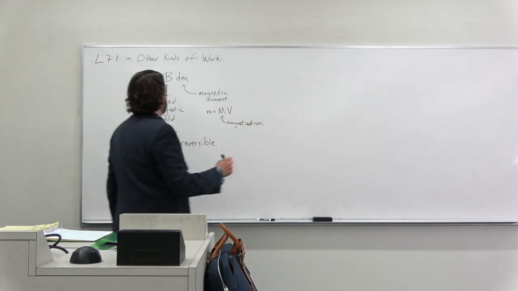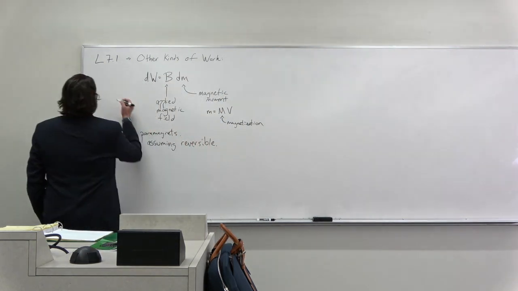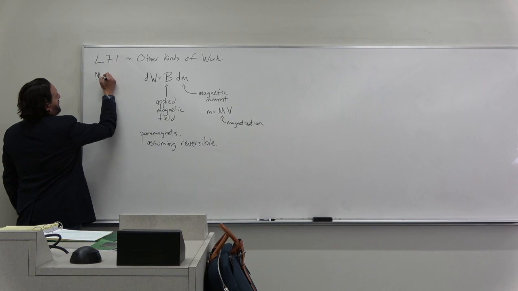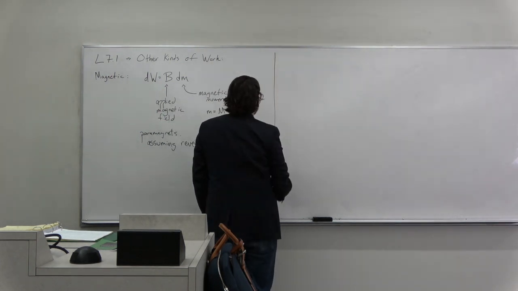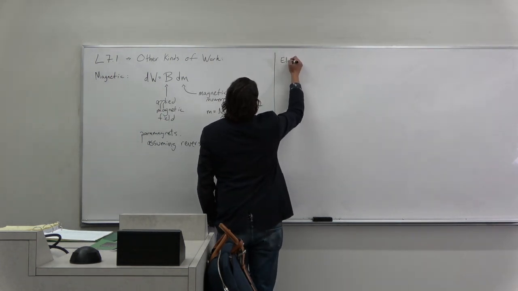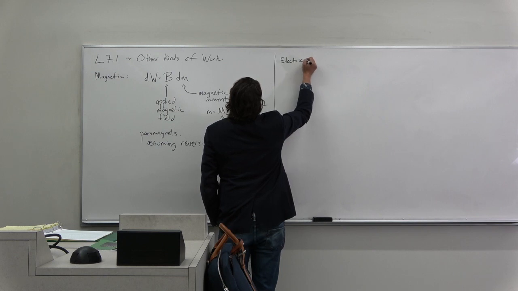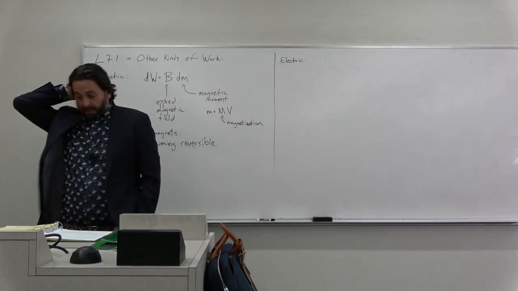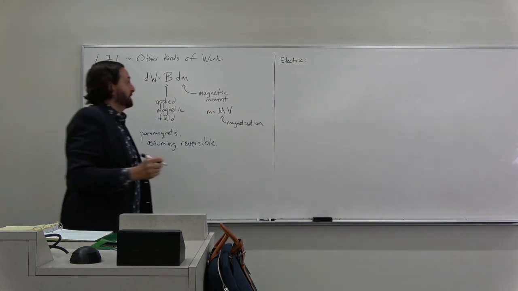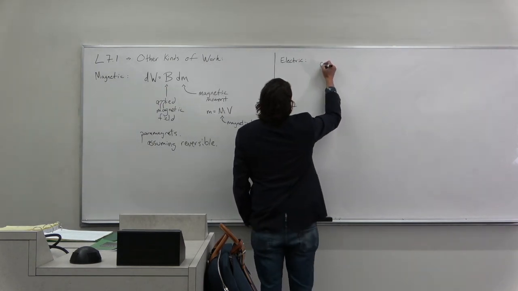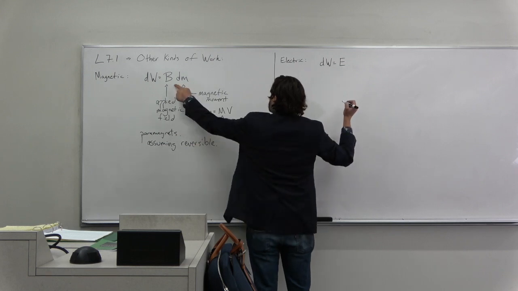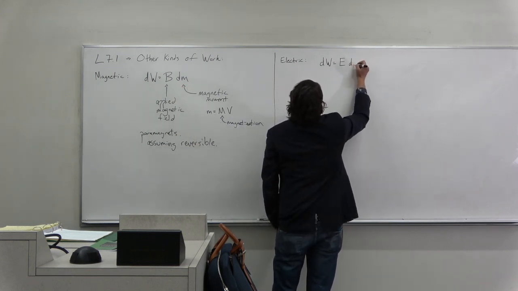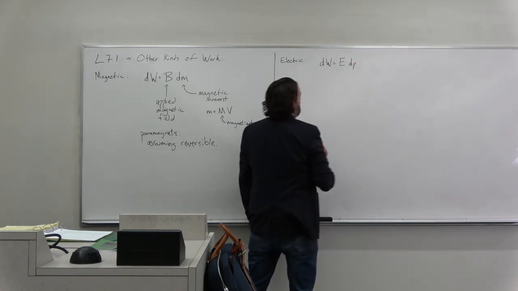A little easier is to think about, so this is, let's call it magnetic. So we can think about electric fields, right? An electric one is actually a little easier to think about because the work will be very similar: the electric field and dP.